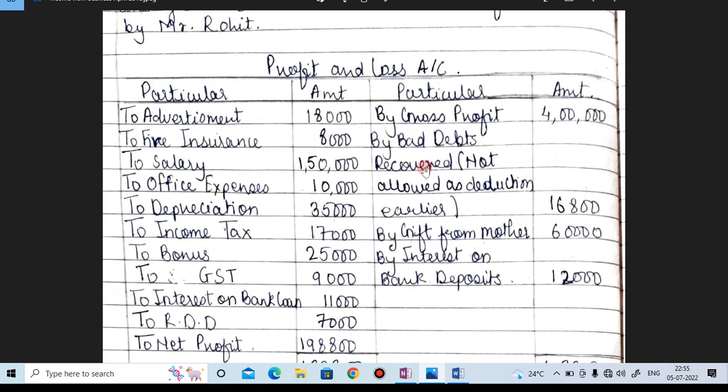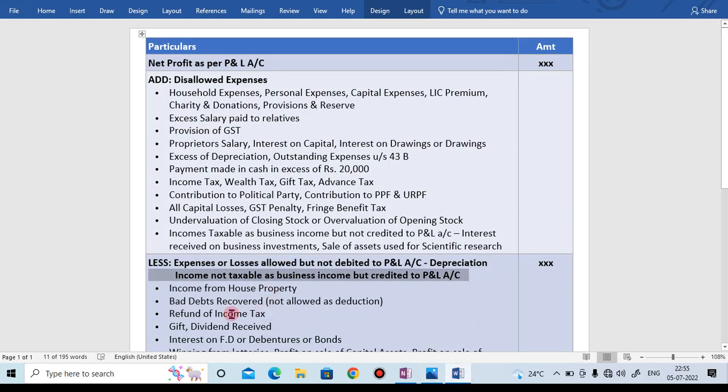So we have to reduce it. We have to deduct it. See the format: bad debts recovered, not allowed as deduction. So it is income not taxable as business income, and it is shown in the profit and loss account.